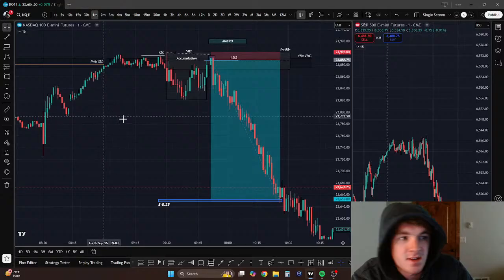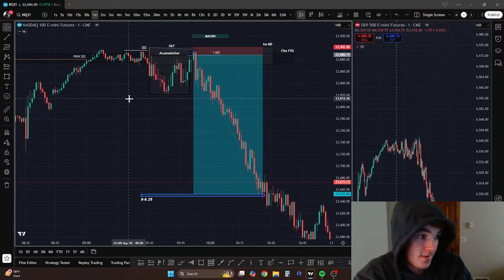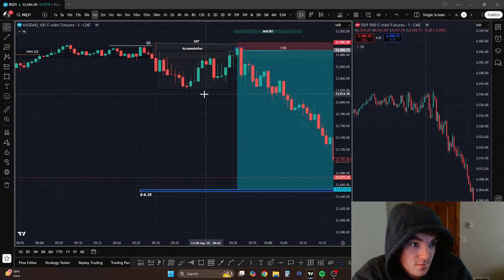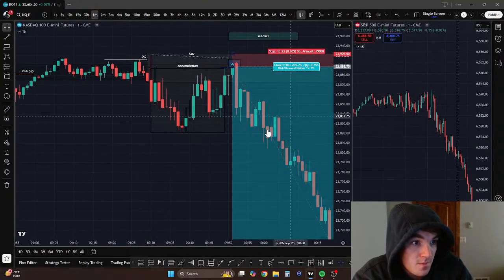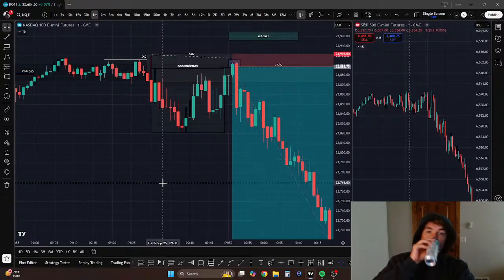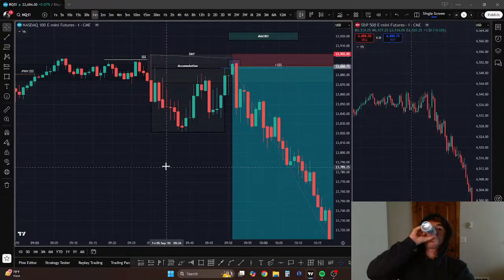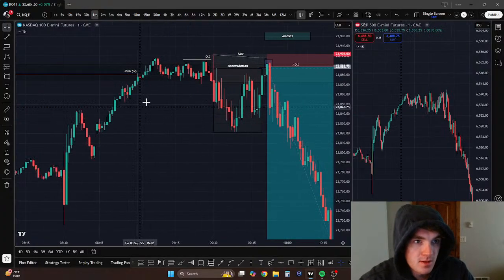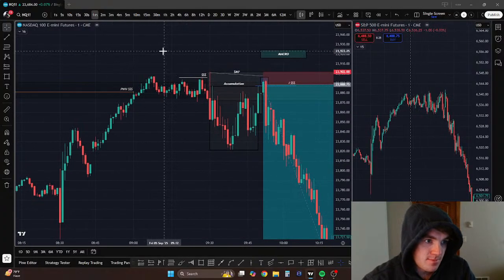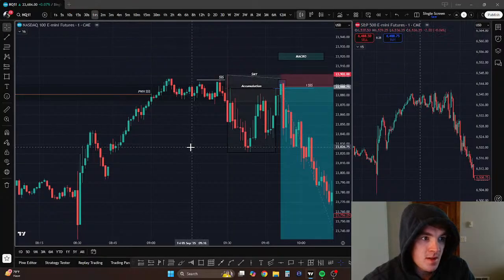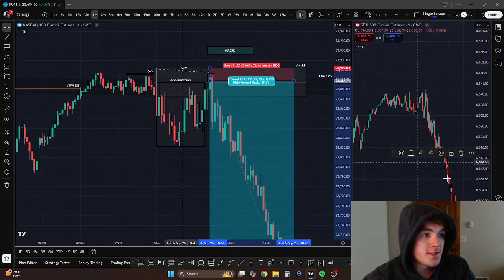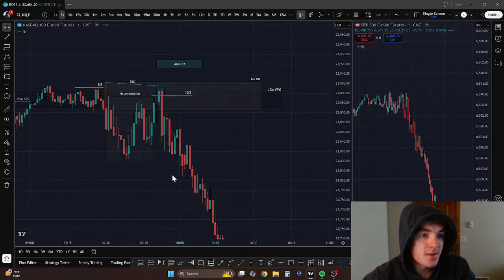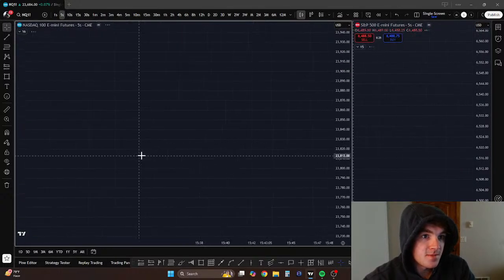Once again, guys, I just love looking at these markets. They're so perfect. Another thing you could do is, since this is a 1 minute rejection block, we can look for 5-second confirmation.